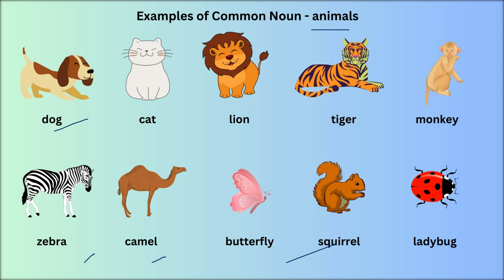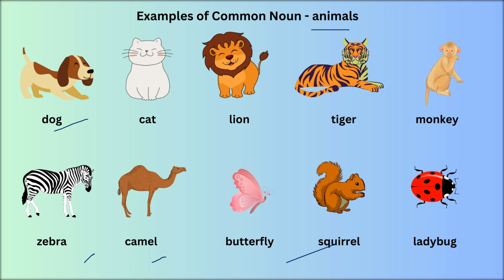If I say my pet dog Tommy is very cute, or Tommy is a very cute dog, then I am particularly talking about Tommy the dog. But if I say, I saw a very cute dog on the road, then here, dog is not named, it can be any dog.